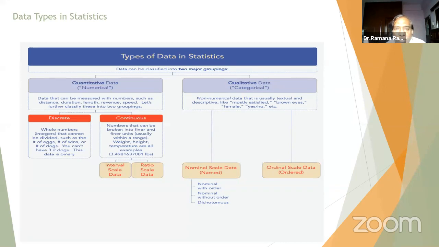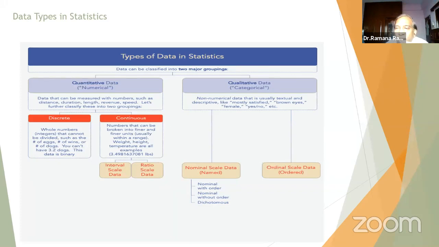Quantitative data, as the name suggests, is all filled with numbers. The numbers are of two types: discrete and continuous. The simple definition for discrete data is that a fraction doesn't make sense, meaning it is counting.